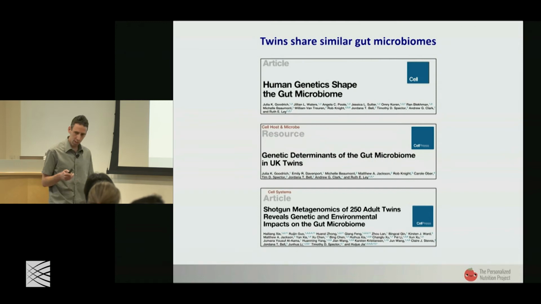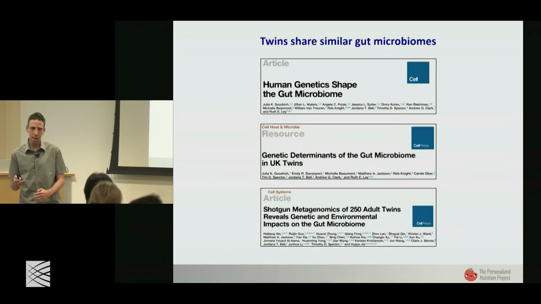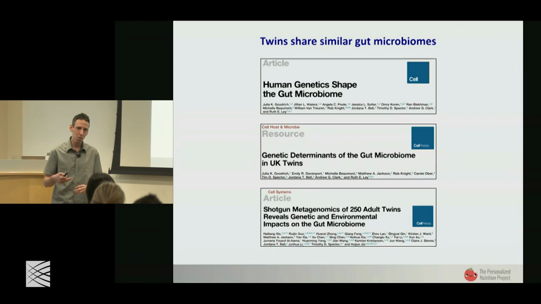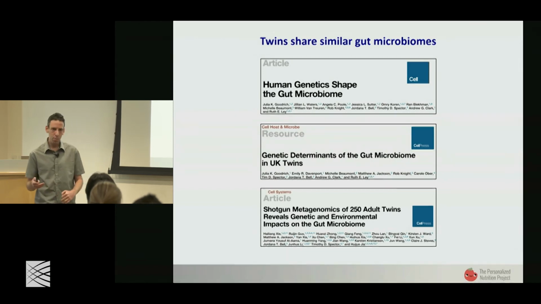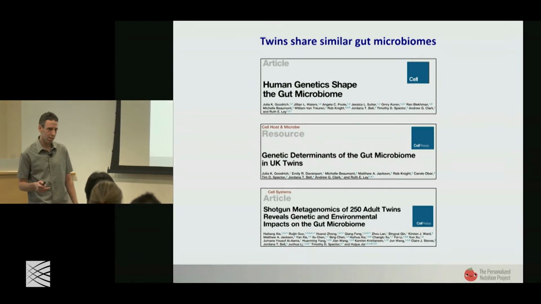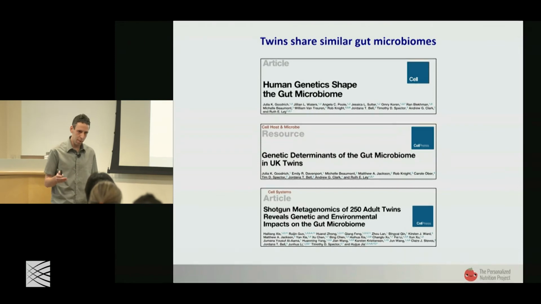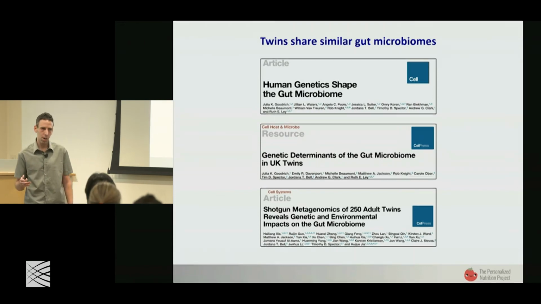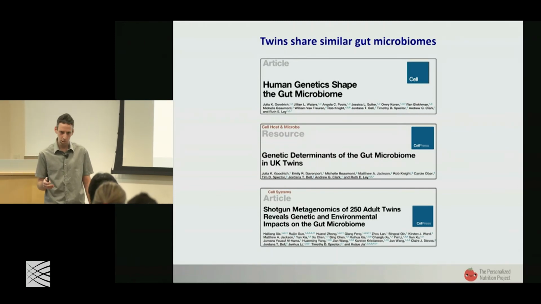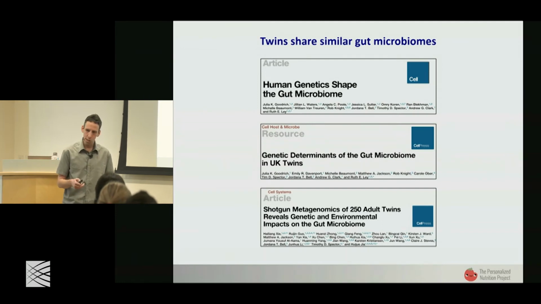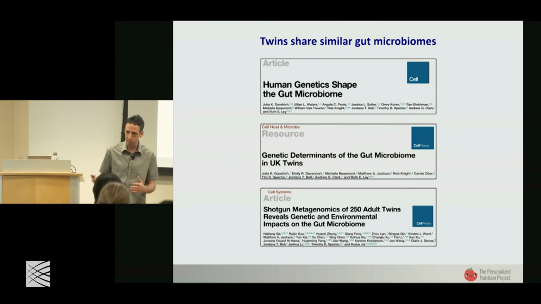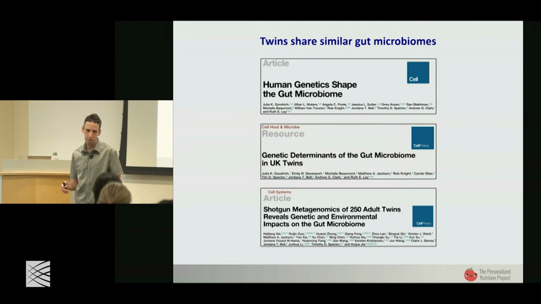And so we were really concerned because there was a series of really beautiful papers which showed that monozygotic twins share much more gut bacteria than dizygotic twins, in the sense that there are some gut bacteria that are shared much more across monozygotic than across dizygotic twins. And we know that twin studies that compare monozygotic to dizygotic twins are the gold standard for estimating genetic heritability.